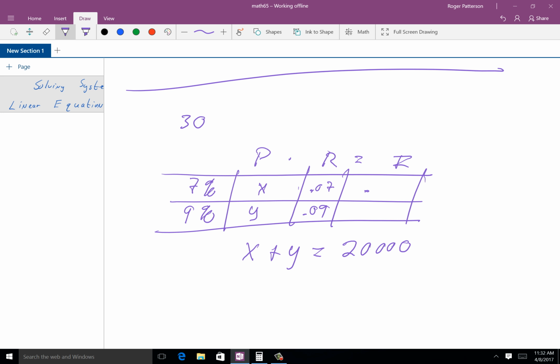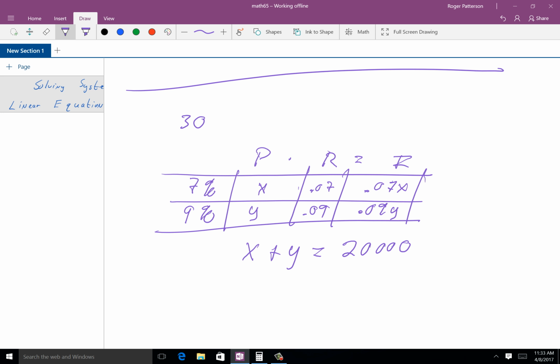So 0.07x and 0.09y, sorry, is going to be my interest. So far, so good on filling in the chart. How much total interest do we make from this investment? 1,000.